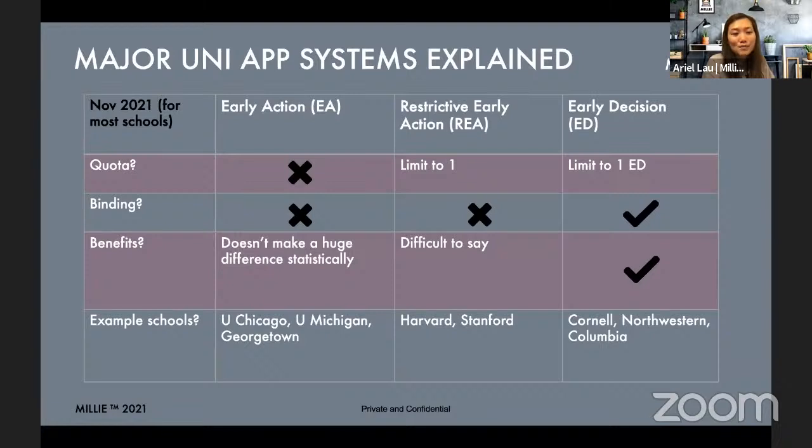However, the main difference is the binding issue. If an early decision scheme decided to grant admission to you, say if I applied to Cornell via the early decision round, if Cornell accepted you, you cannot choose another school to attend other than Cornell. You're supposed to drop all the rest of your applications and directly go to Cornell.